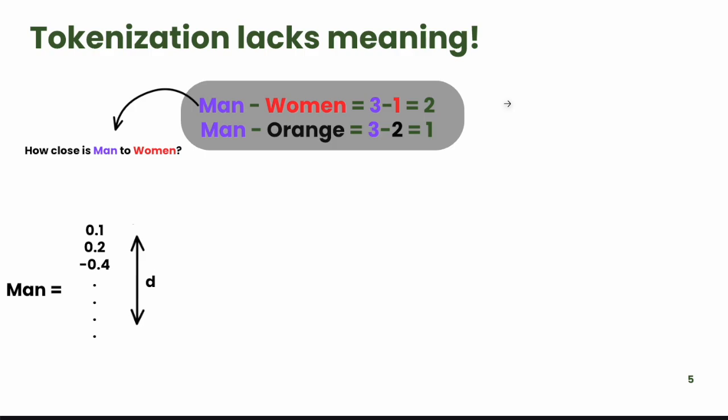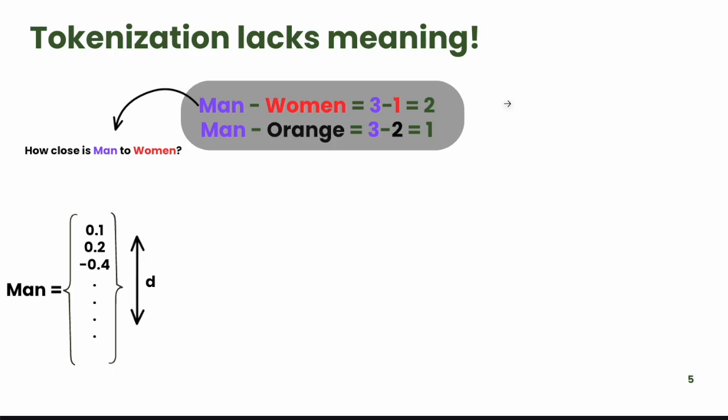So d is the so-called internal dimension of the model, and every operation that we would perform would eventually lead to a d-dimensional matrix with a certain number of rows. Okay, so the word man is now being represented by a d-dimensional vector, the so-called embedding vector. And this has different entries that try to encapsulate the semantic meaning of man.